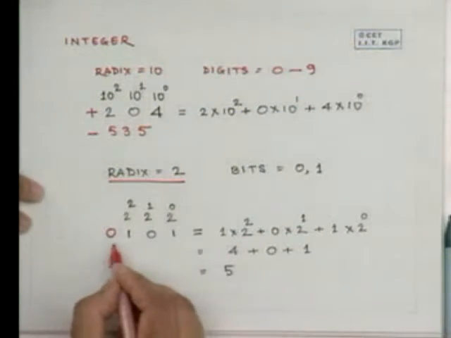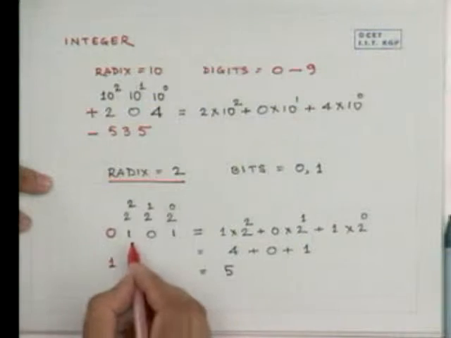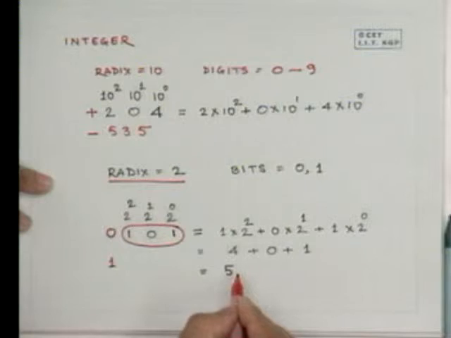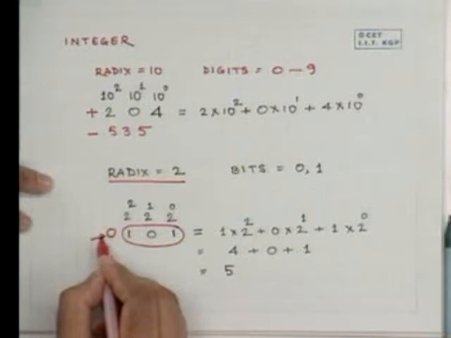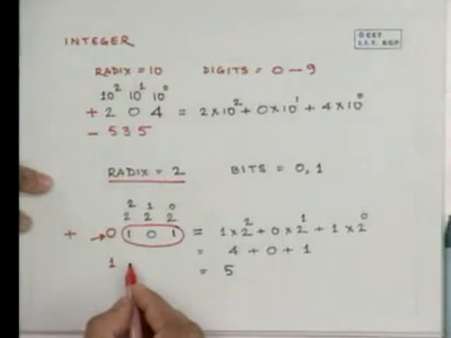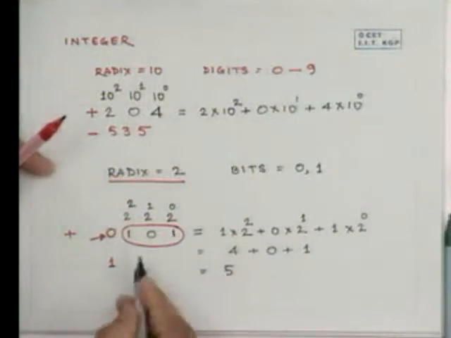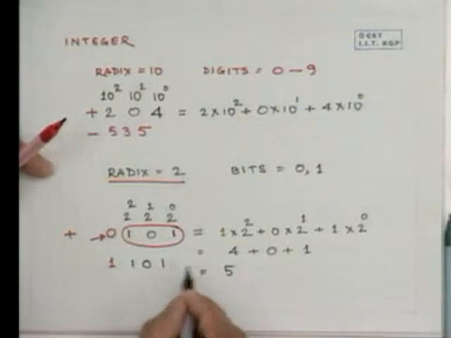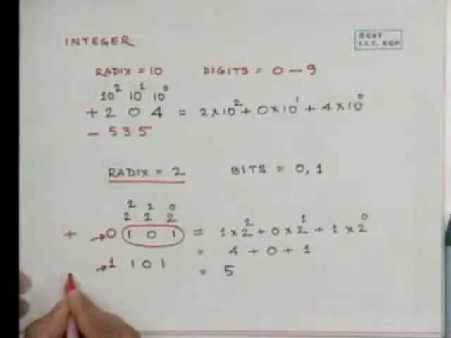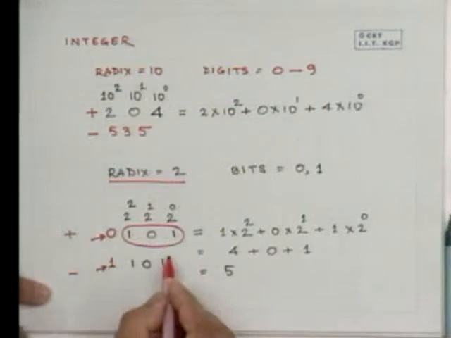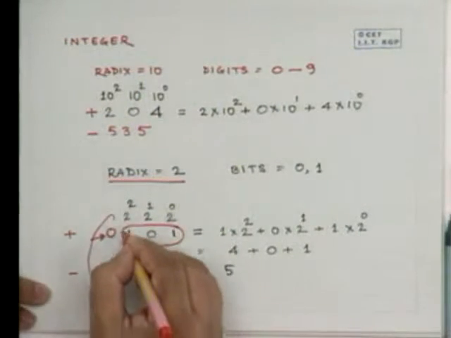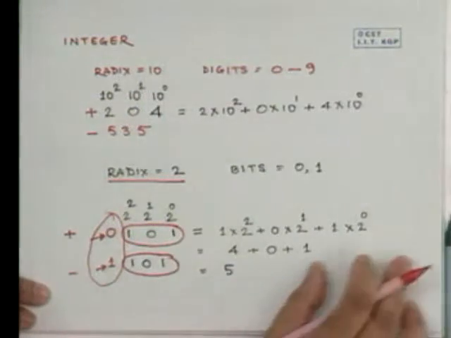Now, when we represent it this way, we have the magnitude of a number, say 101, which is 5, preceded by 0 to say that it is positive, and another number, once more 101, which is 5, preceded by a 1 to represent that this is a negative number. We call it a sign magnitude representation. This is our sign bit and this is the magnitude bits.